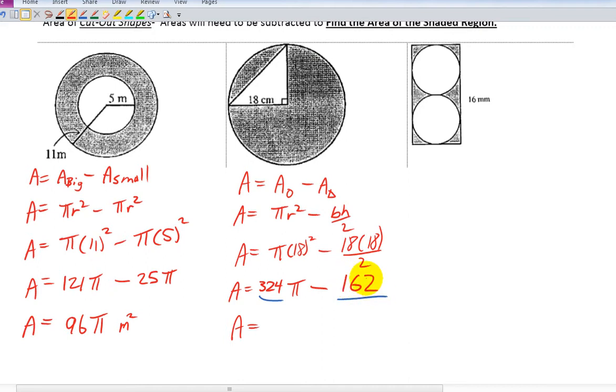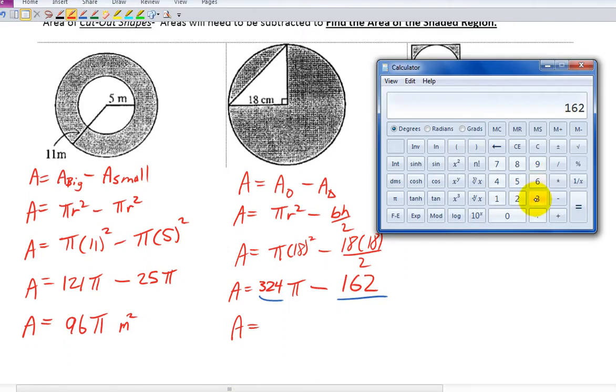So now on your calculator, if you have a new calculator that shows the pi sign when you press pi, you'll type it in as you see it, and your calculator will do the multiplication first, then the subtraction. If you don't have the pi button, make a pi sign, you actually have to hit your multiplication button. So your calculator will multiply, and then it will follow BEDMAS and subtract at the end.